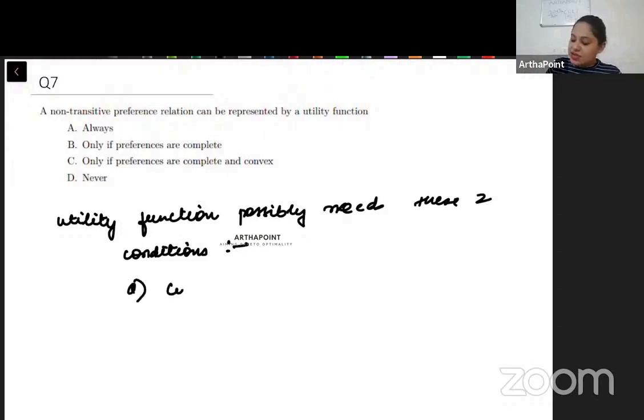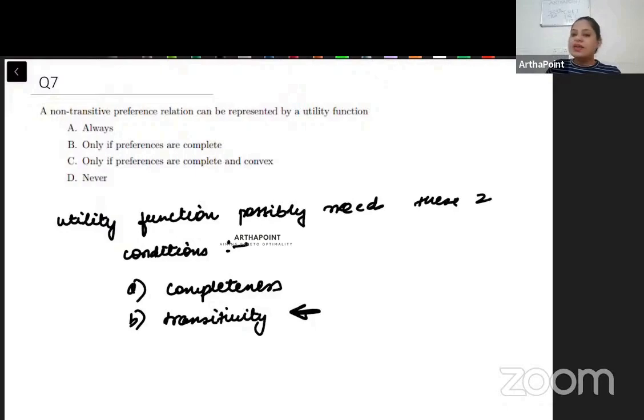But I at least need completeness and transitivity. If transitivity is violated, I cannot represent it by a utility function anymore, right? I can define a utility function only if the preferences are transitive. So can a non-transitive preference relation be represented by a utility function? Never. It cannot be represented by a utility function.